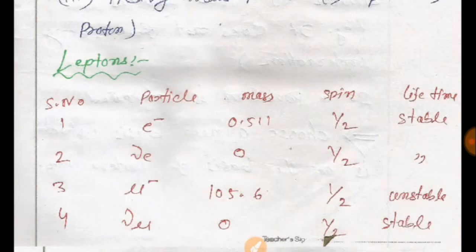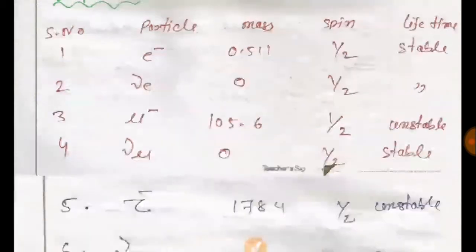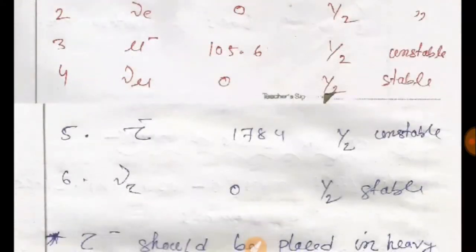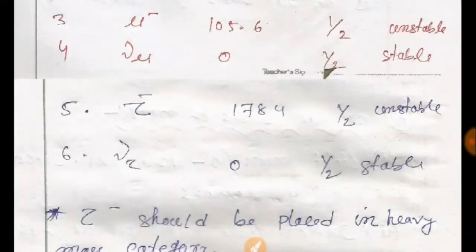The muon has mass 105.6, spin half, and is unstable. The anti-muon neutrino has spin half and mass 0. Tau has mass 1784, spin half, and is unstable, and the tau neutrino has mass 0 and spin half and is stable.